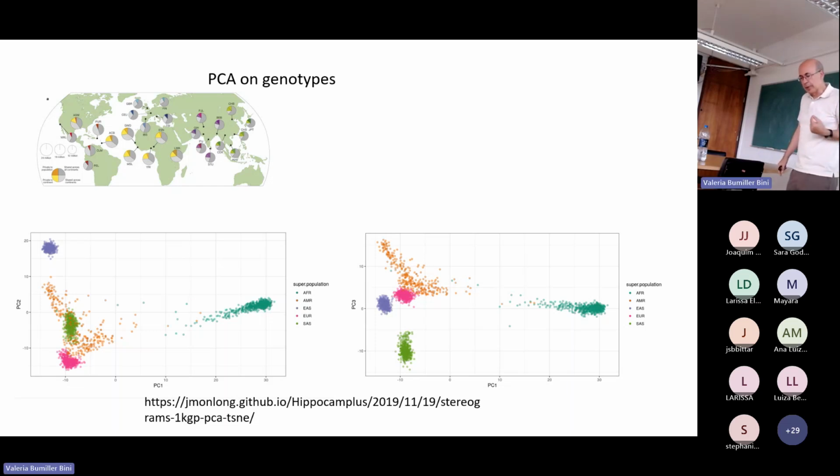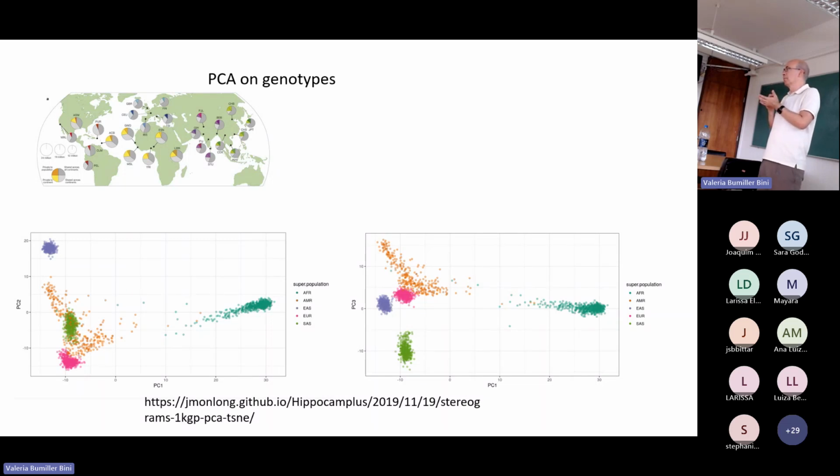So what PCA is doing here is capturing internal correlations between these samples.